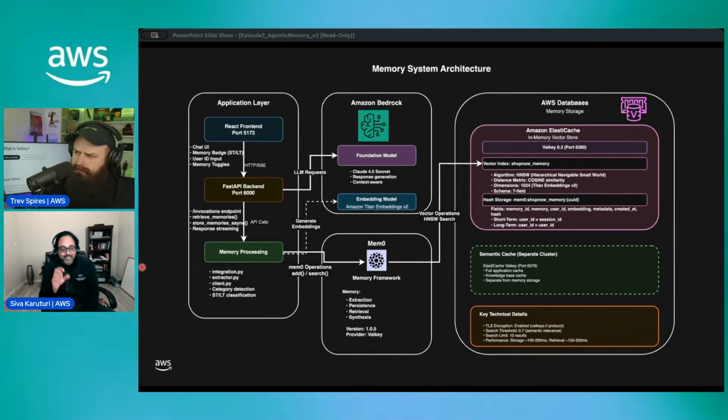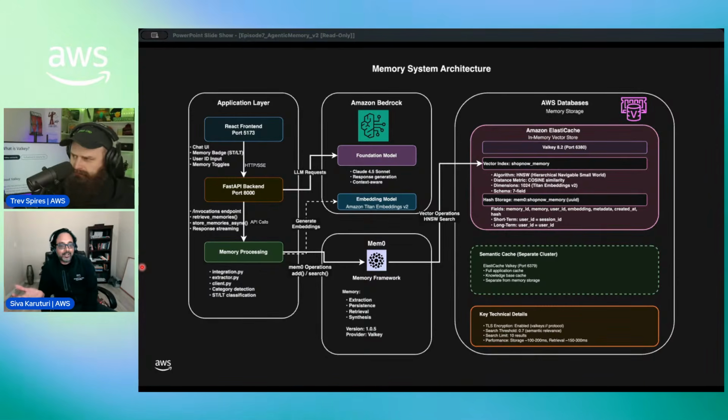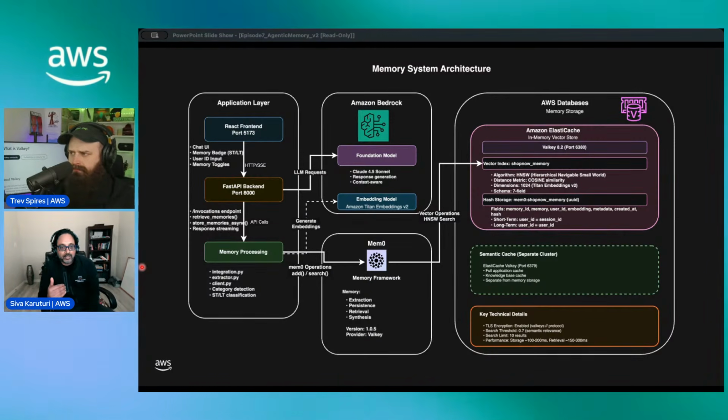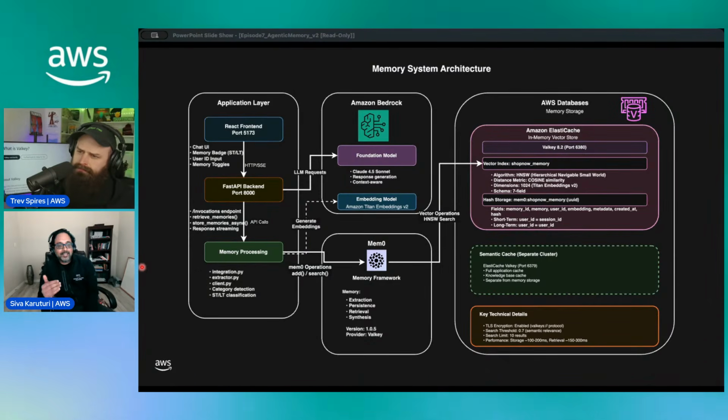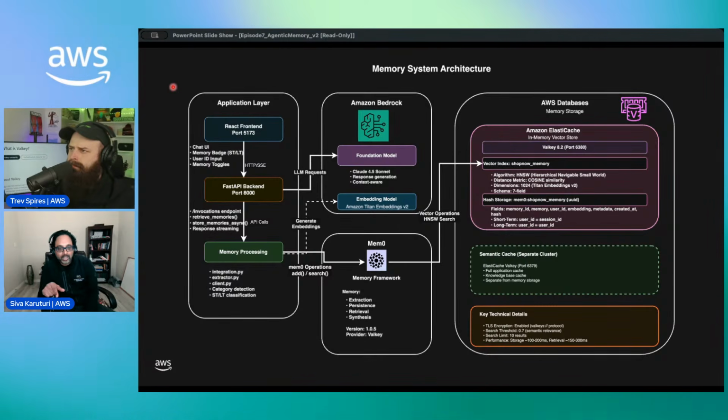Whenever you enter a message, the backend checks whether there are any memories associated with what you're asking. It looks at this particular session and this particular user, and looks up short-term and long-term memories. How does it look up? That's where Mem0 comes into play.